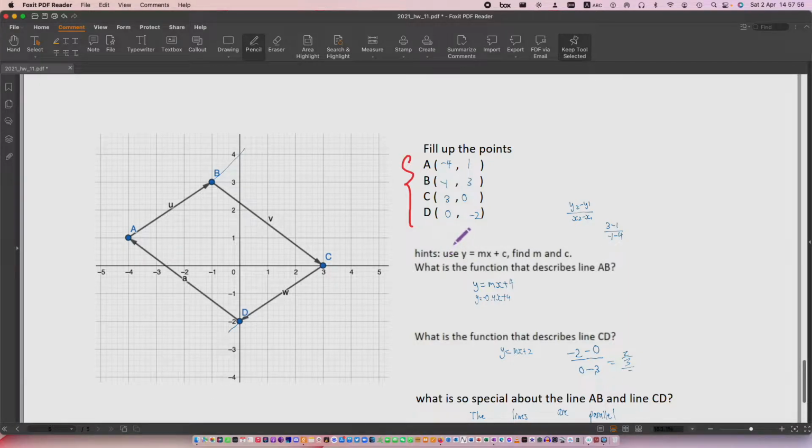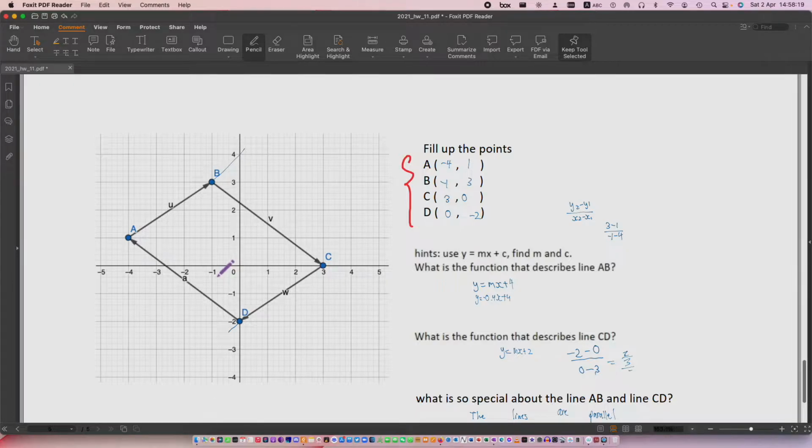The points that I cannot go wrong. Exactly. Why can't you get it wrong? Because you need to find the gradient. Exactly. So the gradient comes from these points. If these points are wrong, your subsequent questions you will get wrong. So it's very important. You have to check and double check and make sure that all the points are correct.